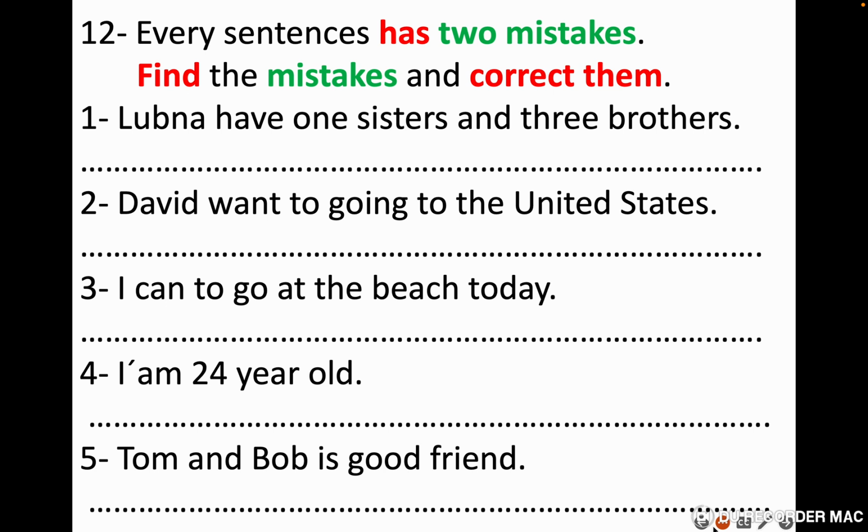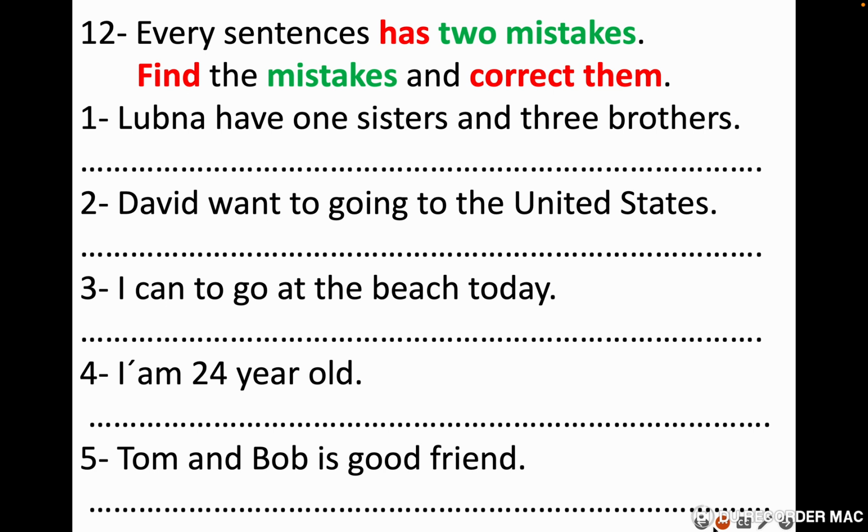Find them and correct them. Number 2. David want to go into the United States. In this sentence we have 2 mistakes. Find them and correct them, and write the correct sentence. Number 3. I can't go at the beach today. In this sentence we have 2 mistakes. Find them and correct them, and write the correct sentence.